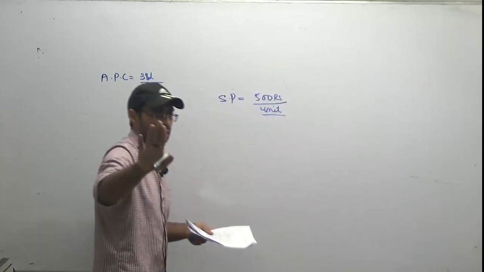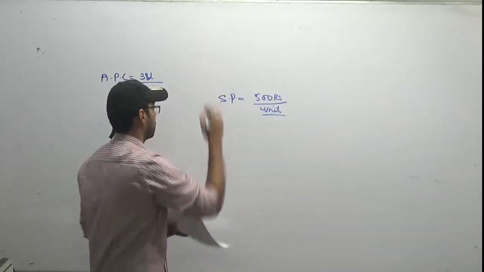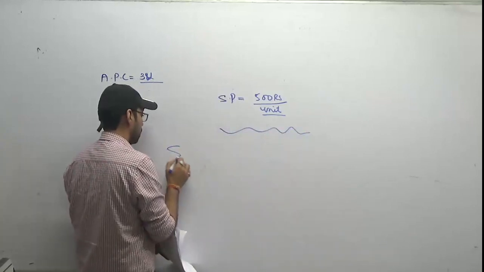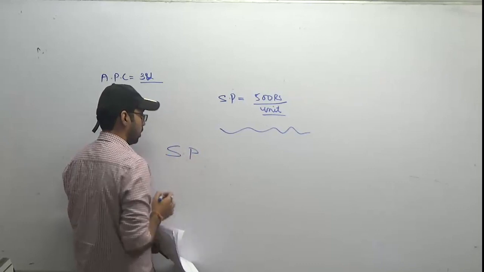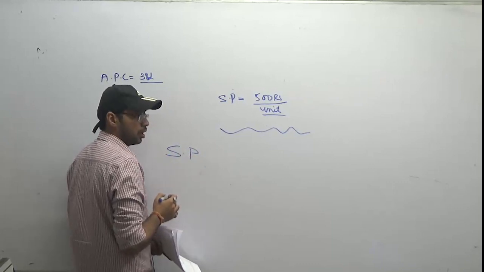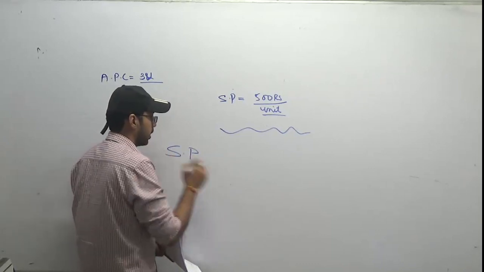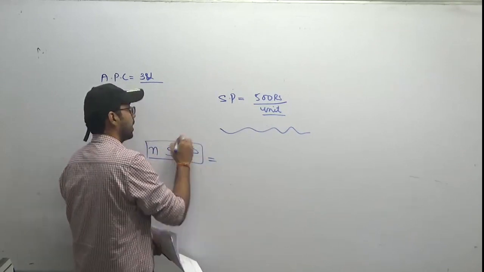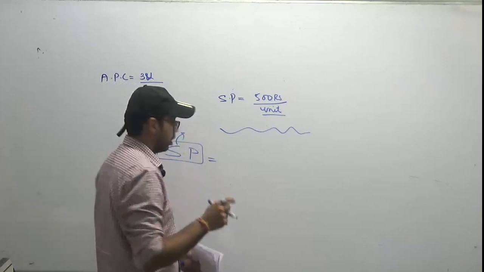We know one thing. What do we know? Total selling cost, this is the thing of selling price, is equal to N into selling price. This is the selling price per unit, and N is the number of units.